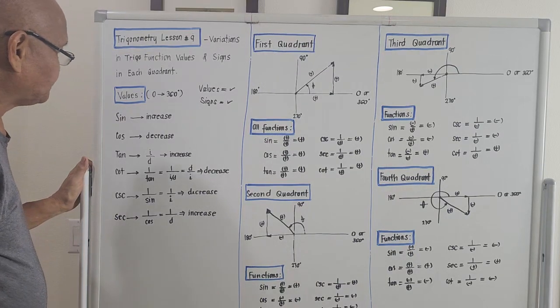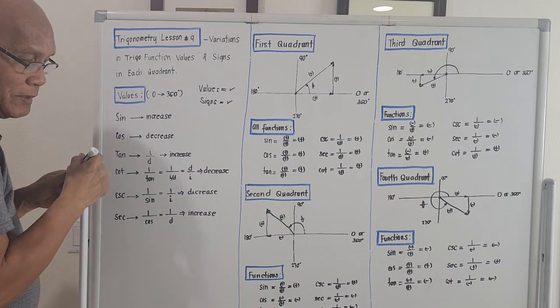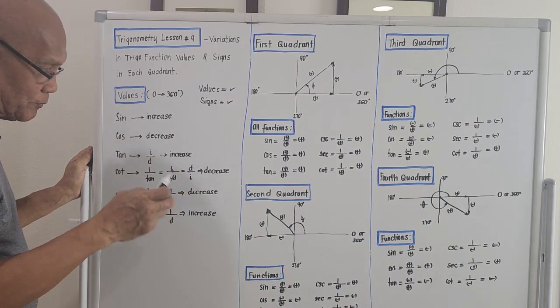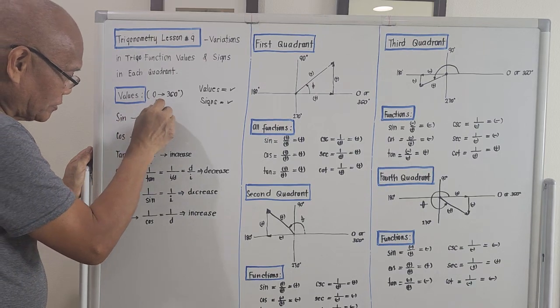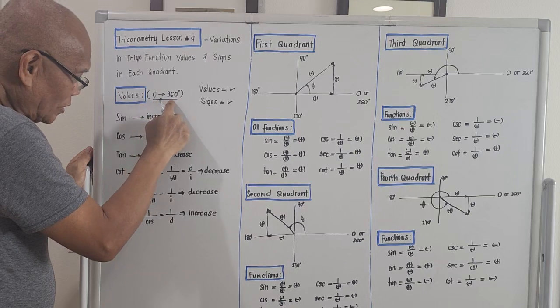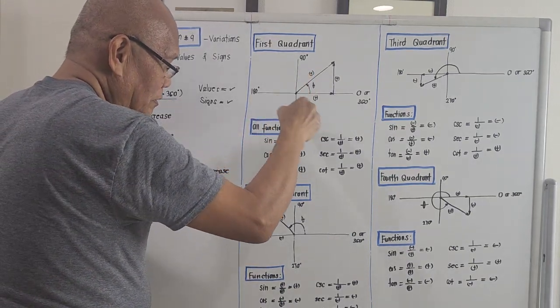Okay, let's proceed. For the values, we assume that the different functions will try to increase from 0 to 360 degrees. This will be a complete cycle, meaning one complete revolution.